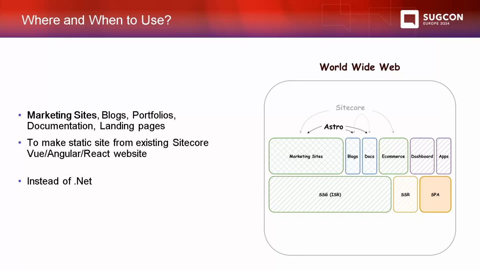Astro can be used for adding server-side generated content to your existing Vue, React, or Angular website. And of course, if you plan to upgrade your existing .NET website. There are other cases when you may consider Astro as your web framework.